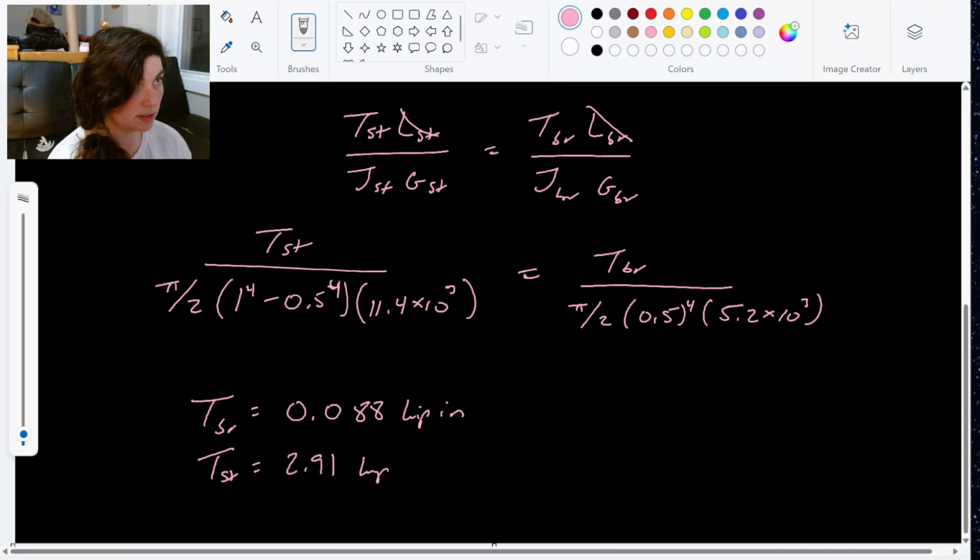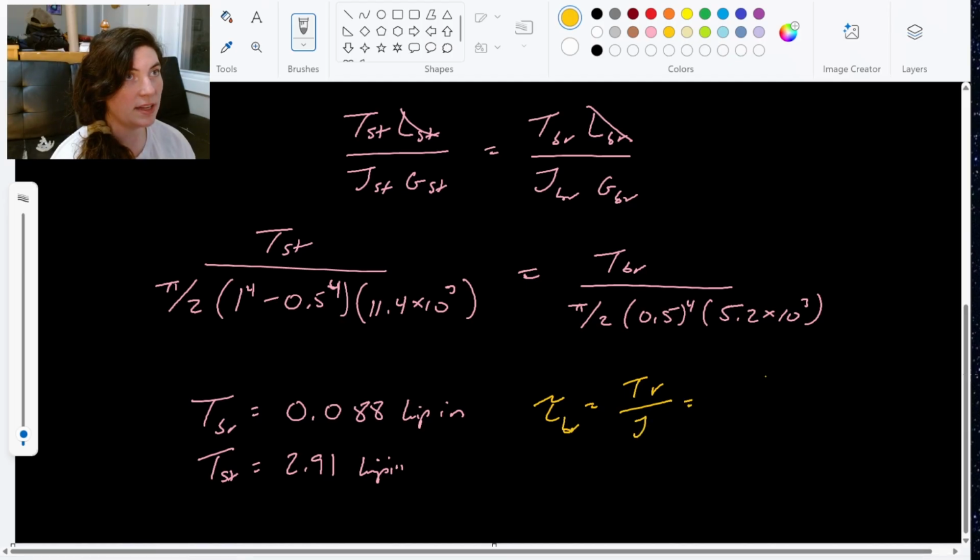And our torque for the steel is 2.91 kip inches. Now remember, our question asks us to find the shear stress for these, but luckily we have our handy shear stress equation: the max shear stress is the torque times the outermost radius over the polar moment of inertia.